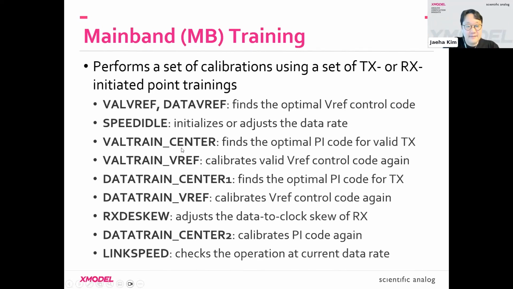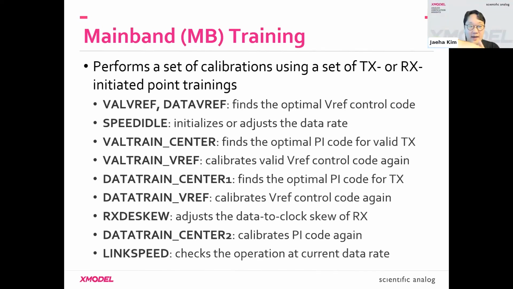First, you find the timing between the data and clock that can sample the center of the eye. Also, you do another reference voltage adjustment at the higher data rate. And these are for the valid. You do another thing for the data. And there's an additional step called RX skew, which means that up to this point, the clock to data timing was adjusted as a whole collection.